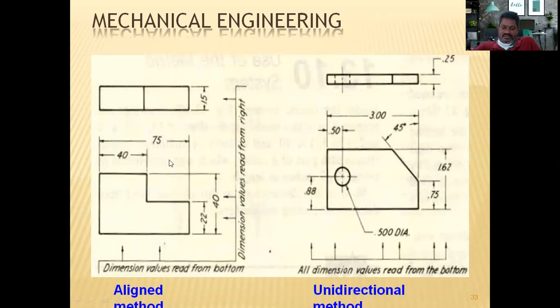Whereas in the unidirectional method, we read in a single direction, from the bottom. Dimension values read from the bottom and the right, or from the left also, in the aligned method, while in the unidirectional it is only read from the bottom.